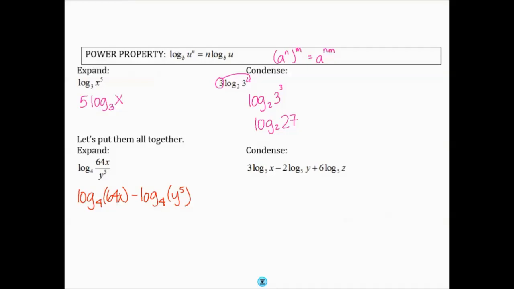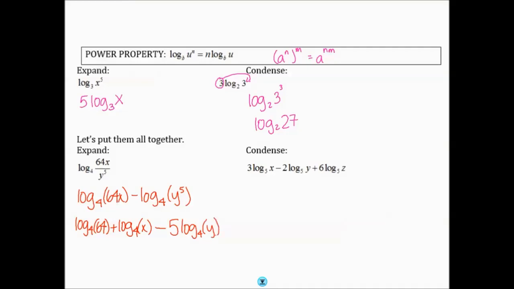I can split up log base 4 of 64x into log base 4 of 64 plus log base 4 of x. And then I can rewrite log base 4 of y to the 5th as 5 log base 4 of y.